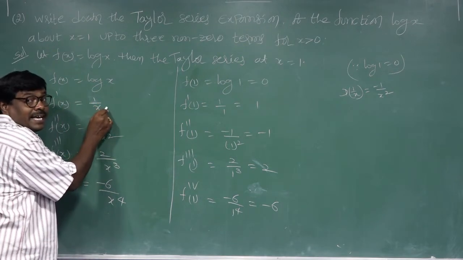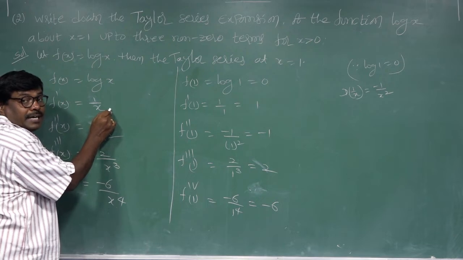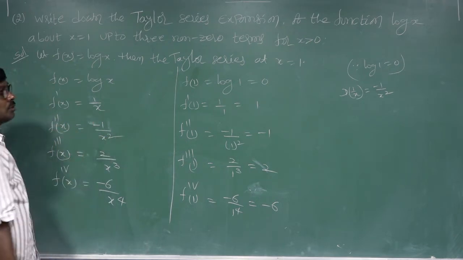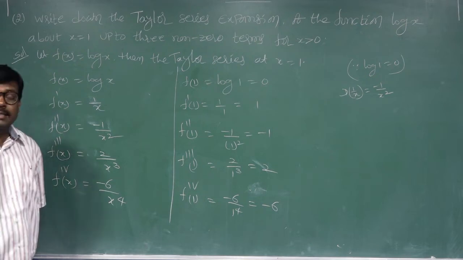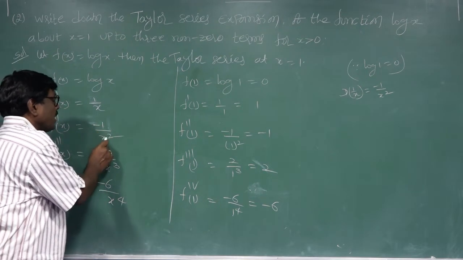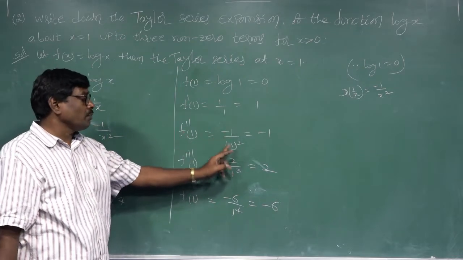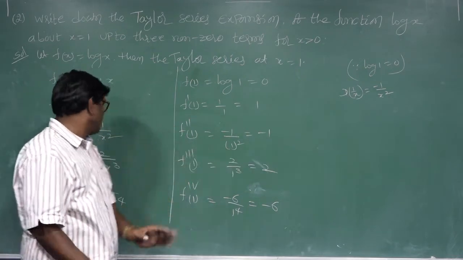The denominator degree is increasing, x square. f double dash equal to derivative of 1 by x equal to minus 1 by x square. f double dash 1 equal to minus 1 by 1 whole square equal to minus 1.